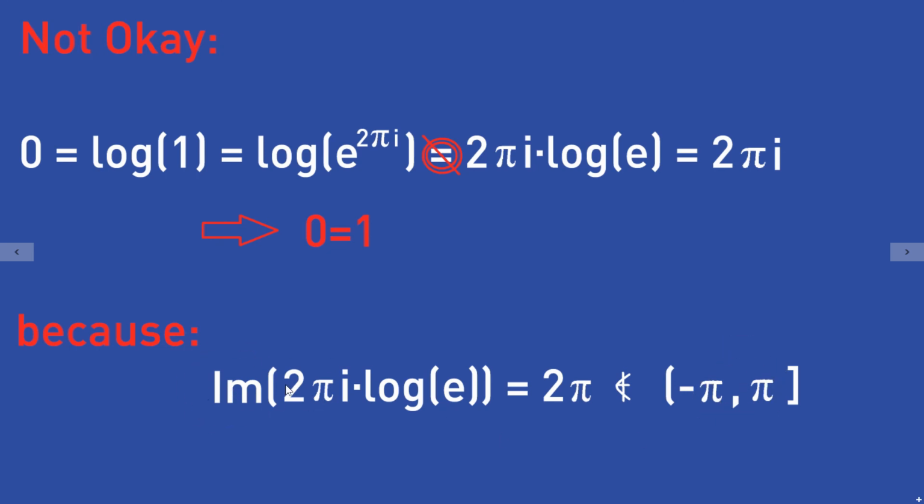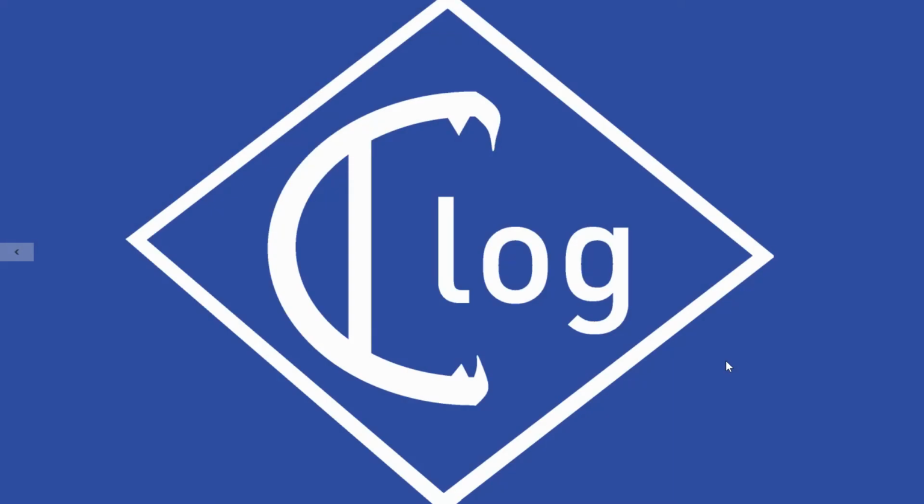So the imaginary part of 2 pi i times the logarithm of e is just 2 pi, and this is not in this interval here. So we are not allowed to use this calculation rule at this point here. So be careful when working with the complex logarithm. Otherwise, you will get really weird and wrong results.